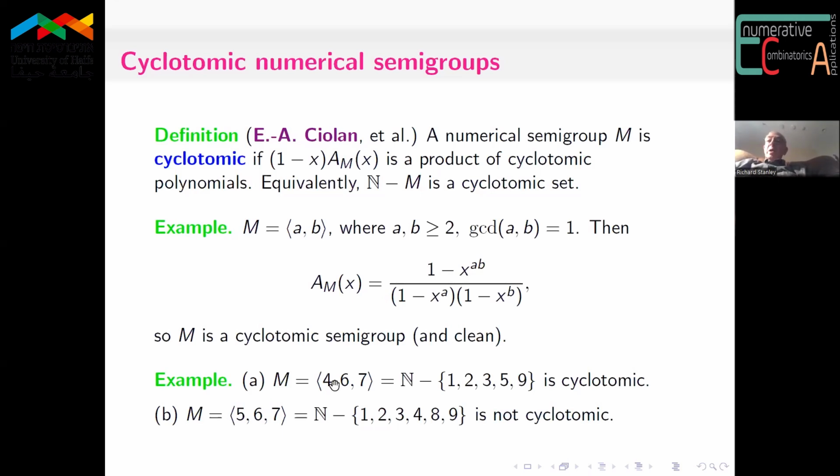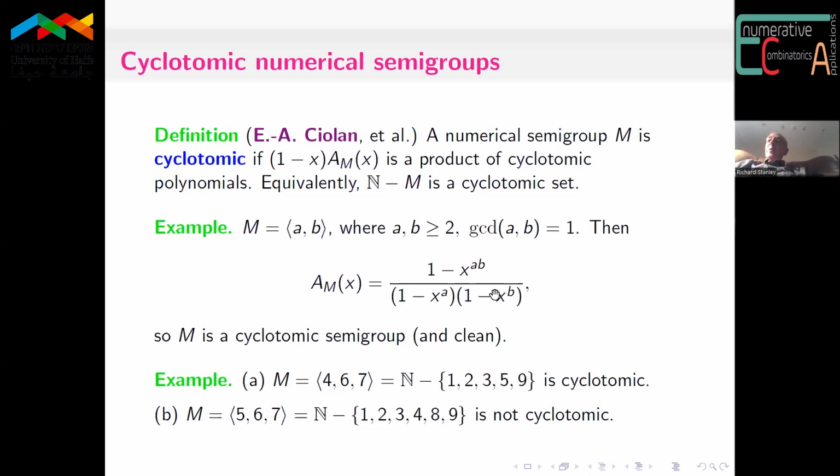So this gives a whole infinite class of numerical semigroups that are cyclotomic, those generated by 2 elements. And it also turns out it's easy to see that they're clean.